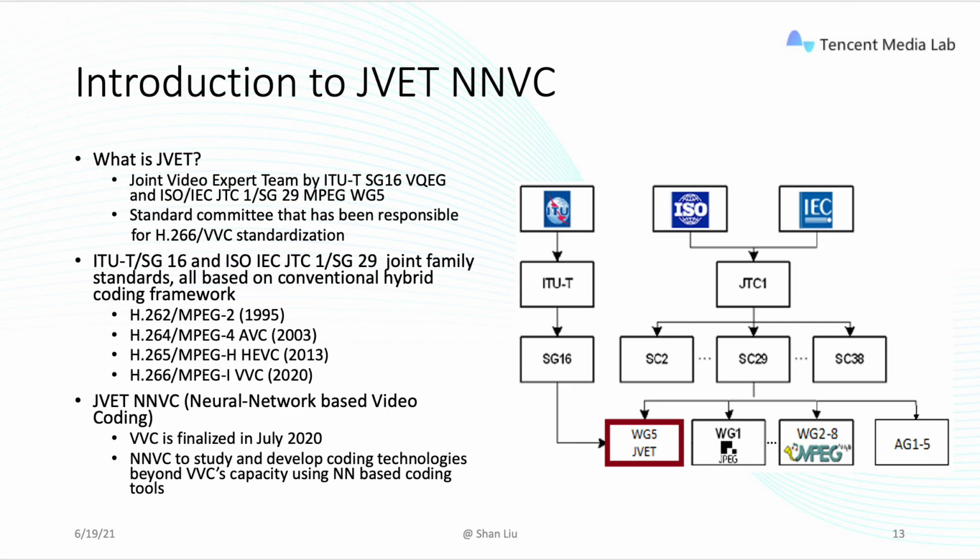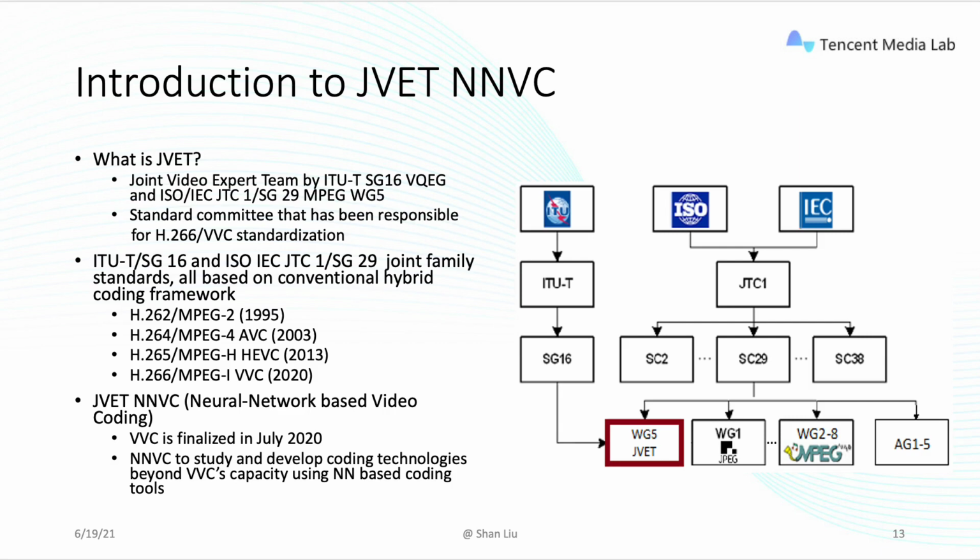Okay, while JPEG AI works on standardization of learning-based image compression, JVET, another standard group, is exploring the possibility of standardization of learning-based video compression. Like JPEG, the Joint Video Experts Team is another joint committee between ISO-IEC and ITU-T.